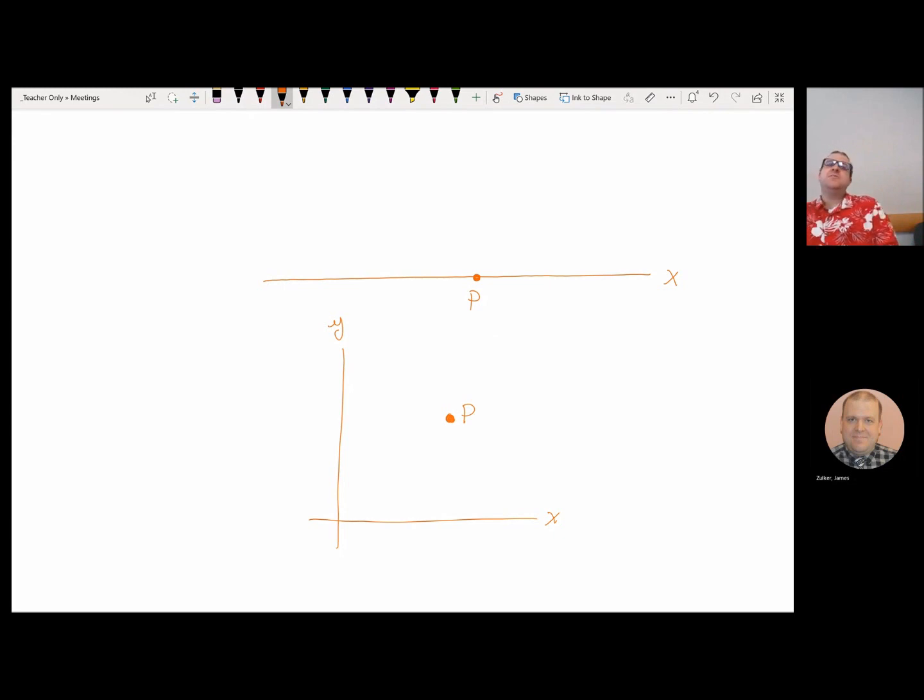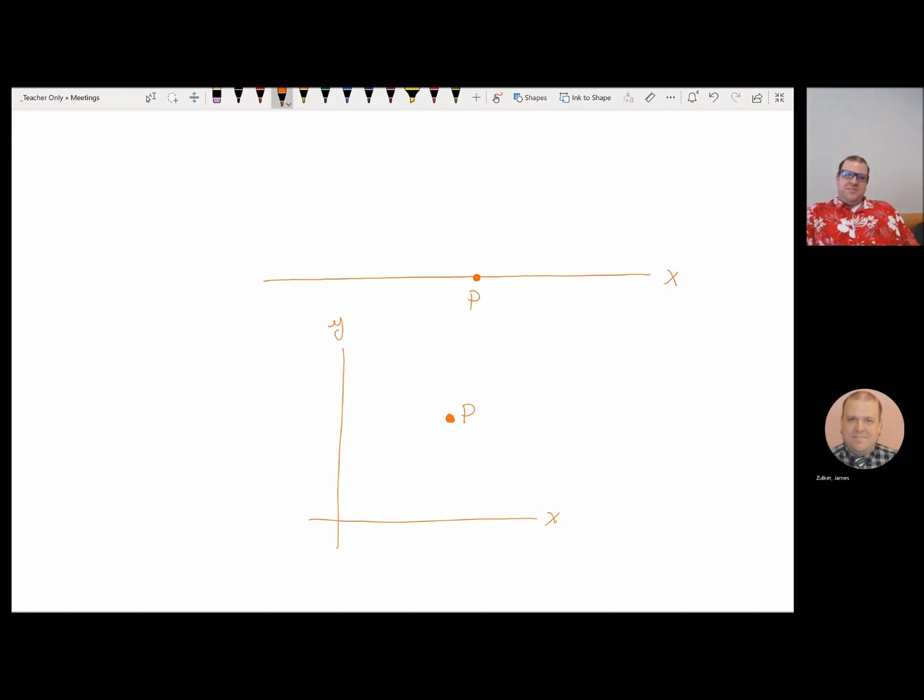Now we have a two-variate function. How many ways can xy approach P? Four? What are the four directions?